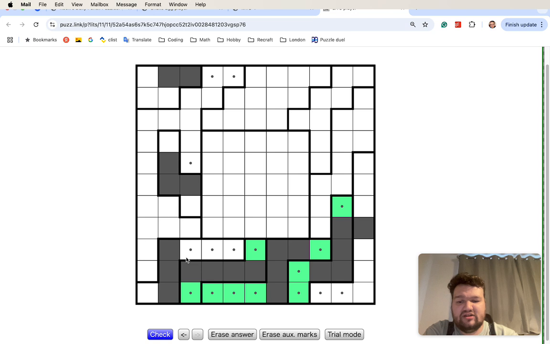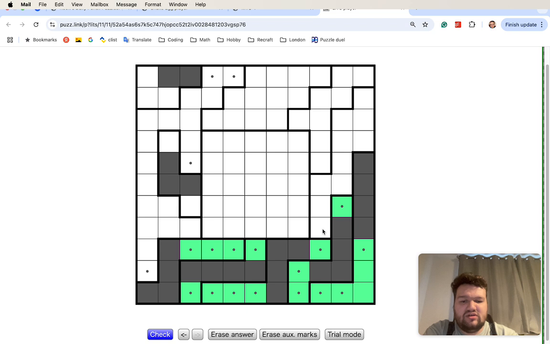Right. Now I cannot shade this one because of the 2x2 square here. Cannot shade this one because of the 2x2 square. Great. So we have mostly solved this bottom part of the puzzle, and also cannot shade this cell because of this 2x2, so it goes like this.